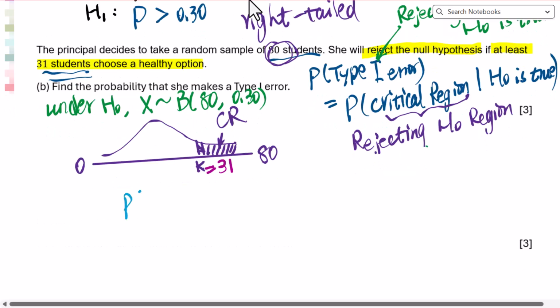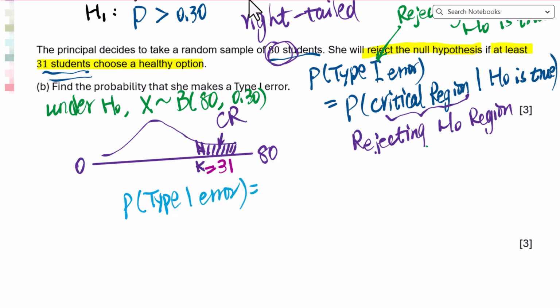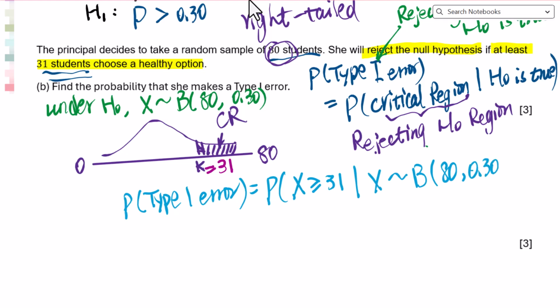So probability of type 1 error equals probability of X greater than or equal to 31, given that X follows binomial distribution with 80 as the sample size, 0.30 as the probability of success.